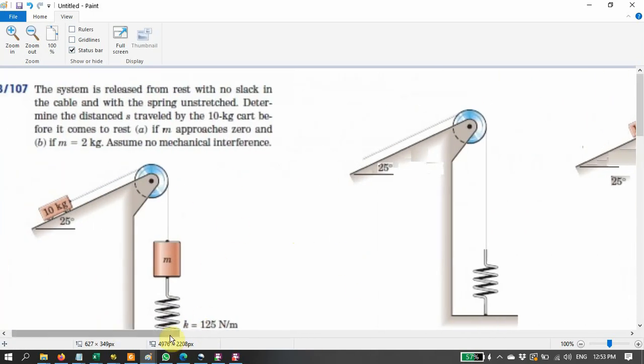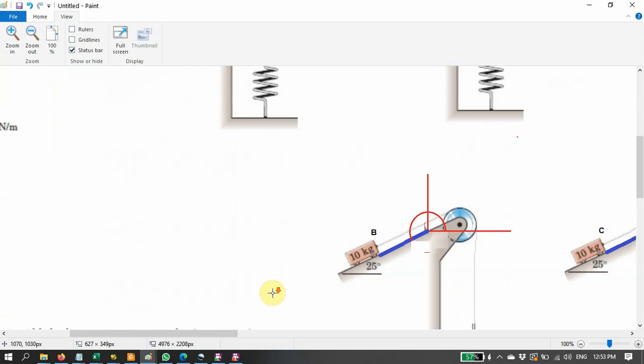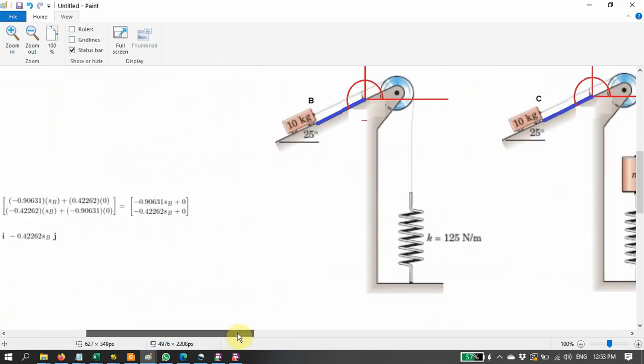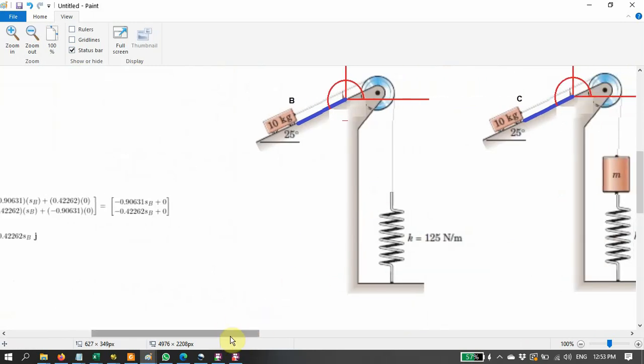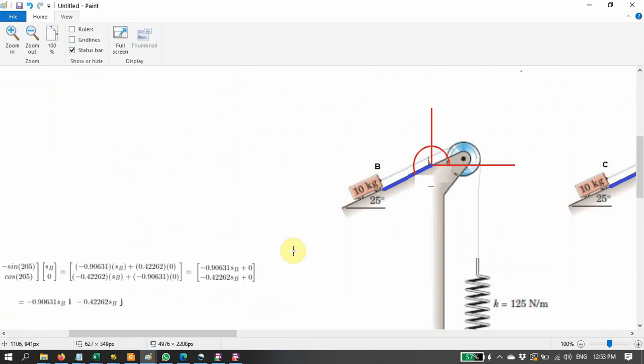Because the question refers to two kinematic states, we're going to look at the first state when there is no mass here, right? So we try to get the position vectors and we label the final state as B.